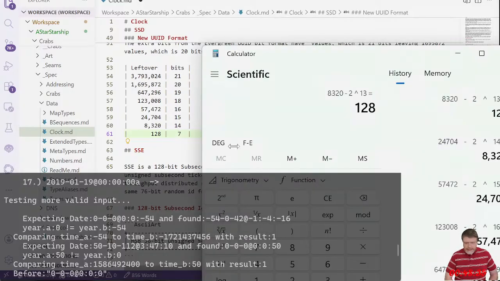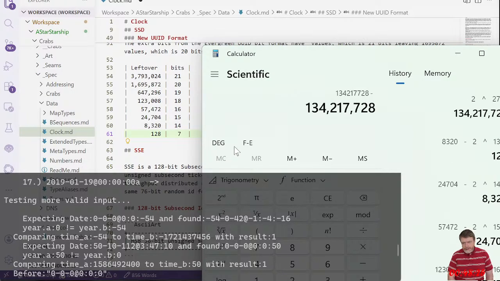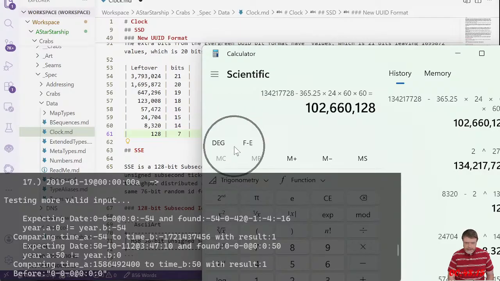Okay, so let's test this out because I'm having a lot of problems. First off, 2 to the 27 minus 365.25 times 24 times 60 times 60. And then that is this. That's the number I went up with.